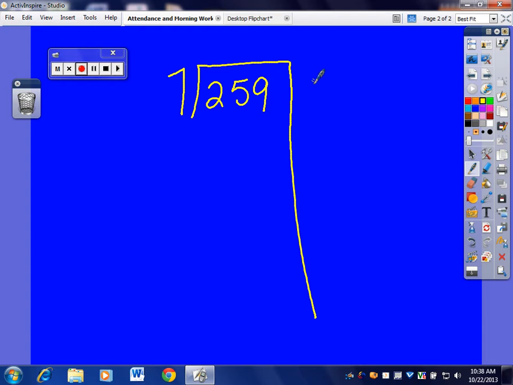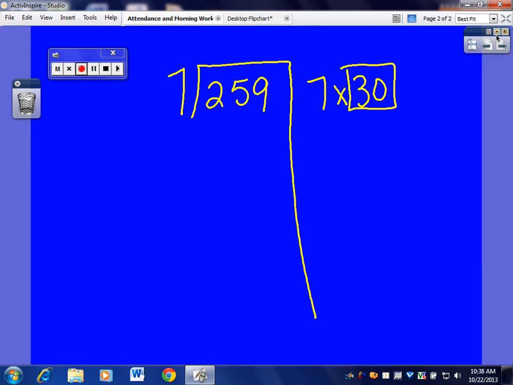So that's what we are going to write over here. 7 times 30, and what am I going to get? 210. Very good. Where does my 210 go? Right below the 259. Then we're going to subtract that. What did you get when you subtracted? 9 goes down, and 5 minus 1 is 4.